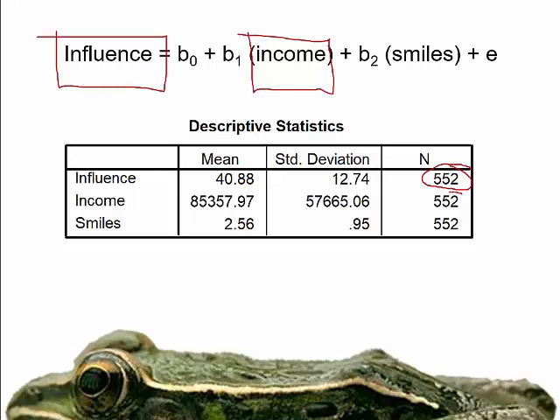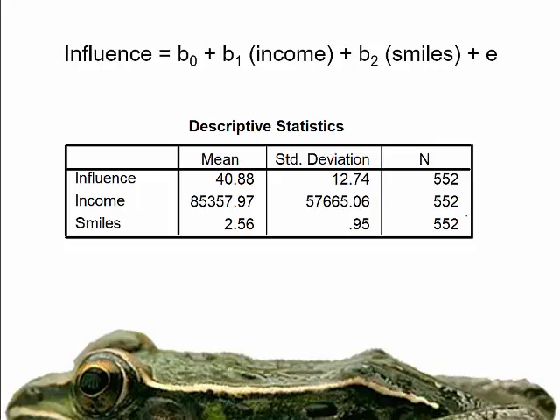And in my sample of 552 people, I collected information on their annual income. The average here was around $85,000 with a standard deviation of about $57,000 or $58,000. And then I also thought maybe people are more influential if they smile more often. So maybe as part of my study, I brought people into my lab and had them interact with a confederate for 10 minutes in some kind of casual conversation, and I video recorded those conversations and then just counted how many times someone smiled in that 10-minute period.